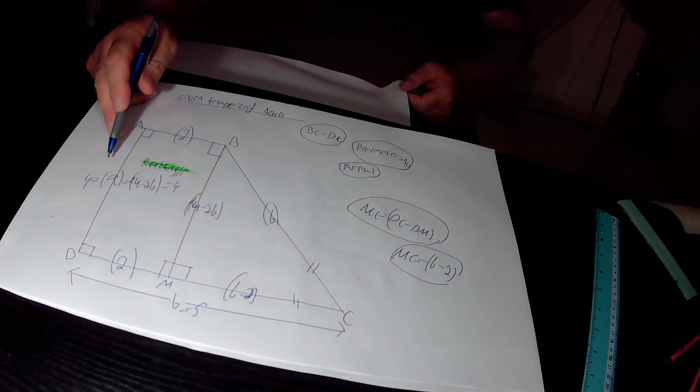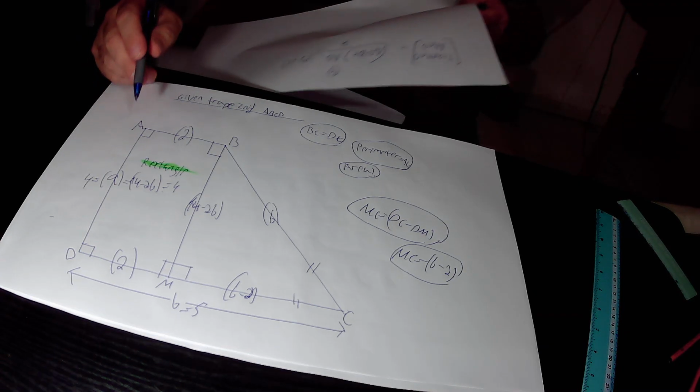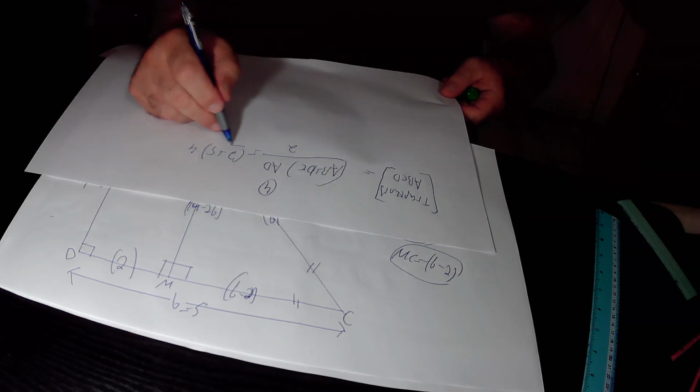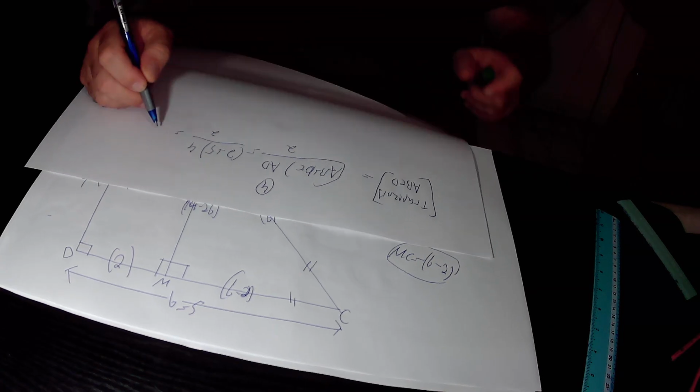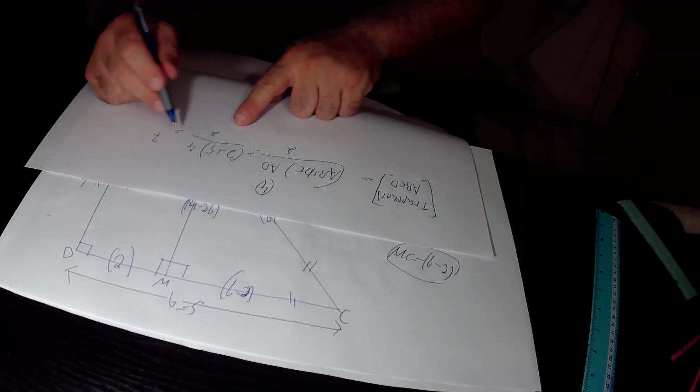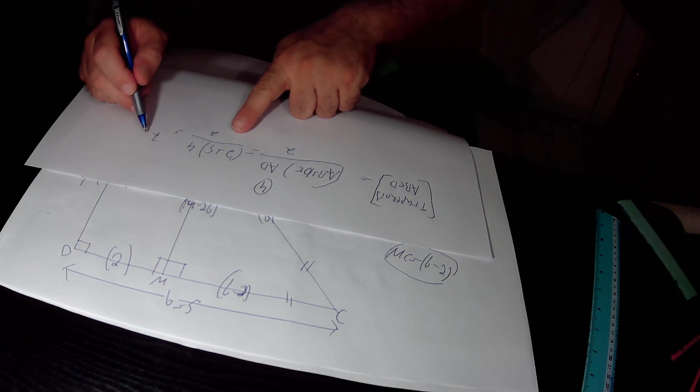AD is A and A is 4. So the height AD is 4 divided by 2. 2 plus 5 is 7, and 4 over 2 is 2. So in total, this expression equals 7 times 2, that is 14.